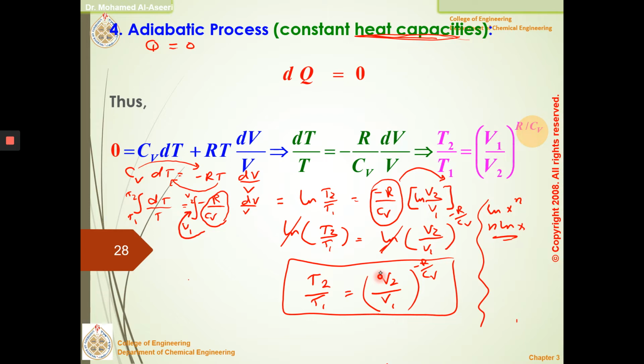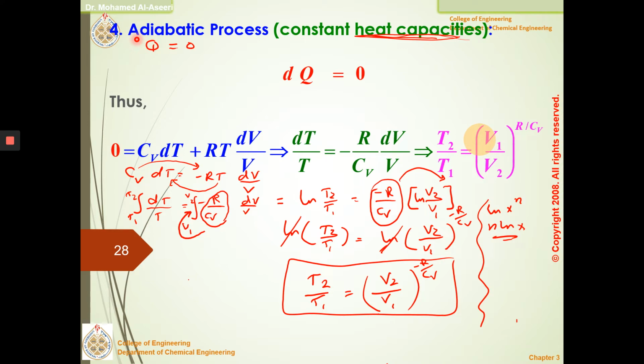Because I have V2 over V1 in my derivation, while in the pink equation it was V1 over V2. In other words, they are the same. So what I did now is I just derived for you the pink equation, the relationship between temperature and volume in an adiabatic process. Okay, before proceeding, why is this useful?